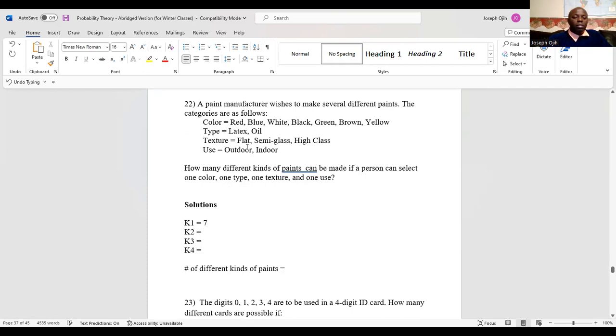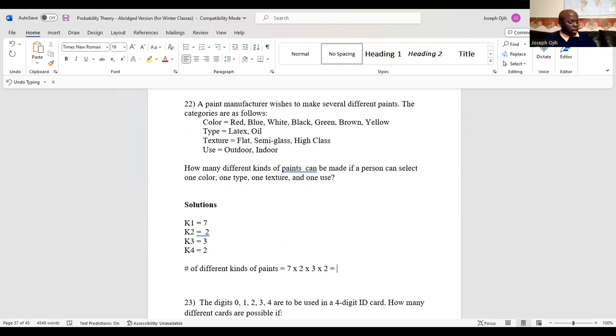K2 has 2 possibilities. K3 has 3 possibilities. And K4 has 2 possibilities. So the number of different kinds of pens becomes 7 times 2 times 3 times 2.